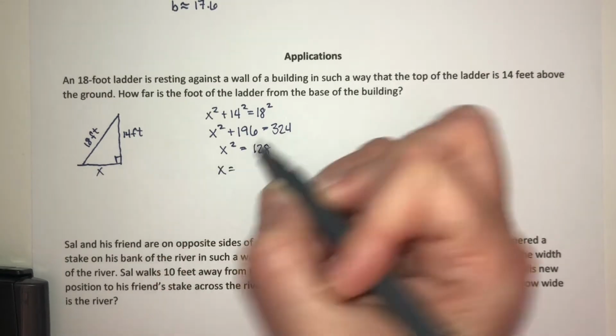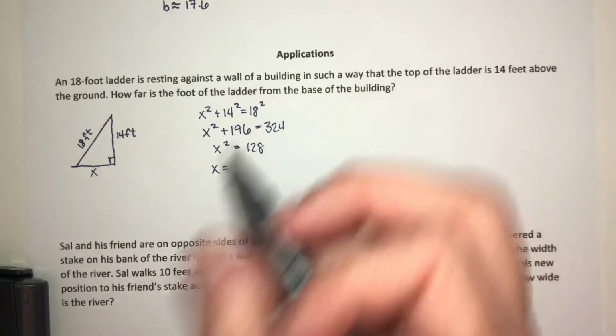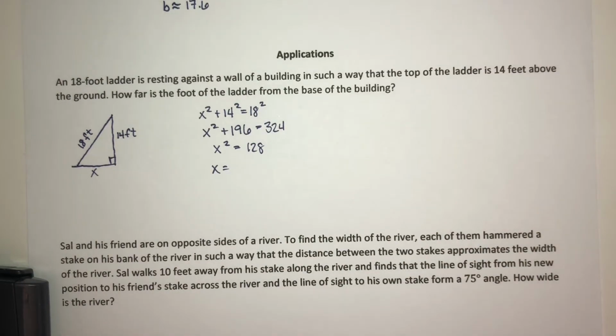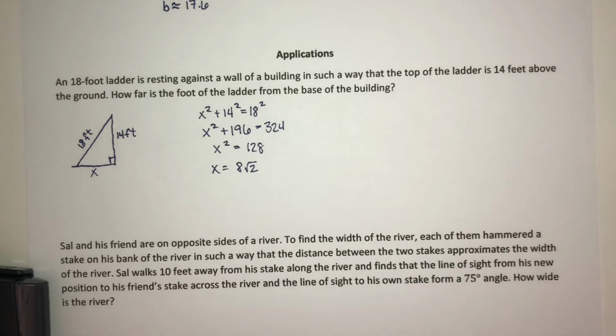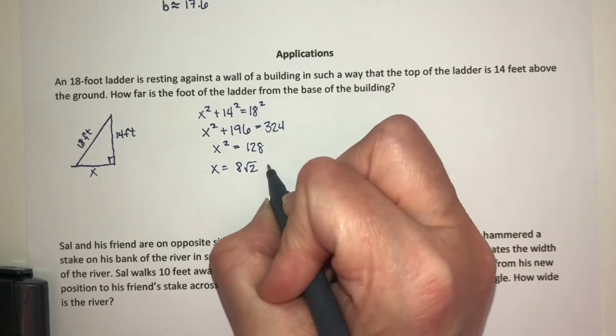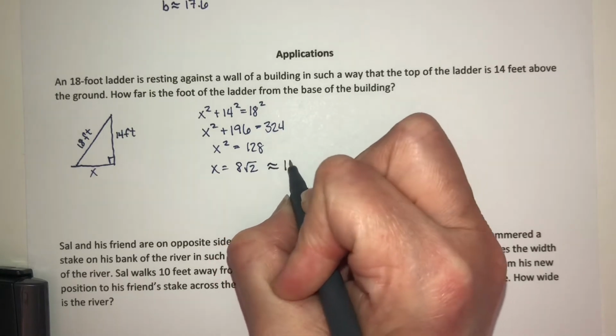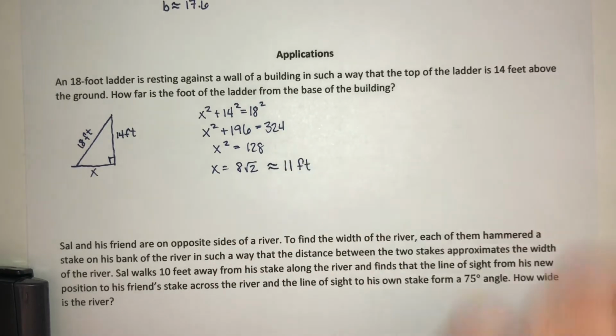And x is equal to the square root of 128, which is 8 times the square root of 2. On this particular problem, they ask you to round to the nearest foot. So get an approximation of this, and it's about 11 feet away from the wall.